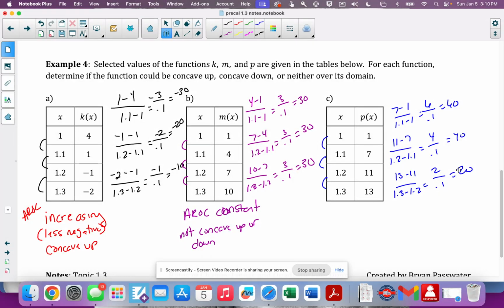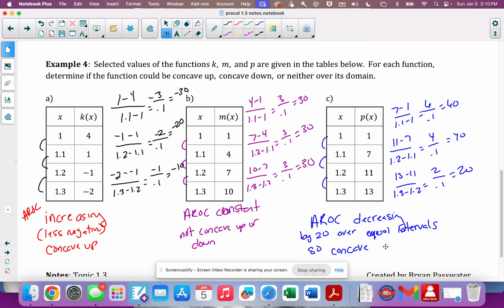Okay, so in this one, my average rate of change is decreasing, right? Decreasing by 20 every time over equal intervals. Okay, so this is concave down since it is specifically decreasing.